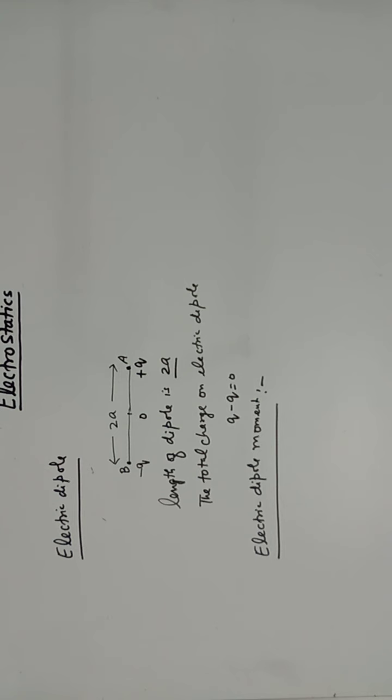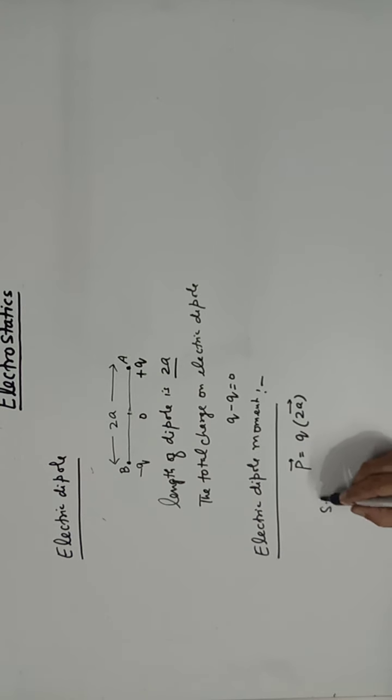It is a vector quantity whose magnitude is equal to the product of either charge and the separation between both the charges, denoted by P. It is a vector quantity. This is equal to Q into 2a. Because the left side is a vector quantity, the right side must be a vector quantity.